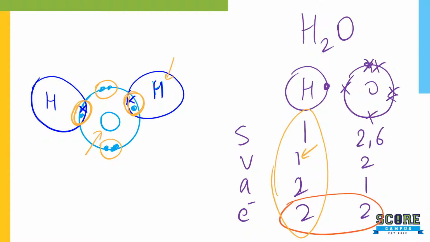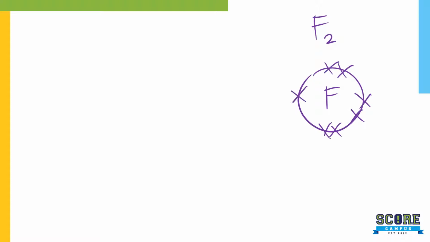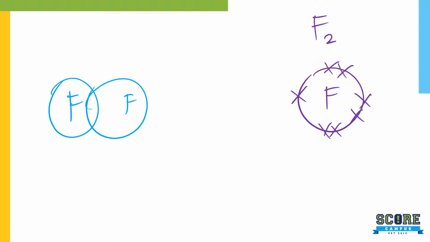Now let's do another one. Let's do maybe fluorine. Fluorine is F2. Alright? And fluorine, the outer shell it has 7 electrons. Right? So each atom needs 1 electron. So you draw fluorine. Okay? 7.